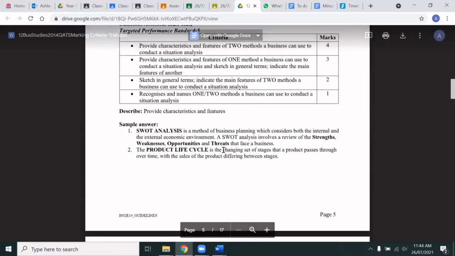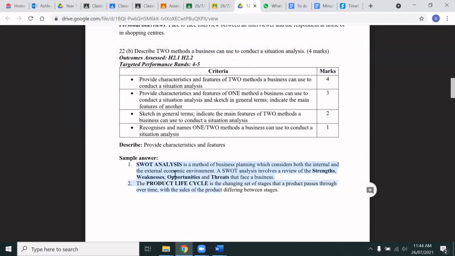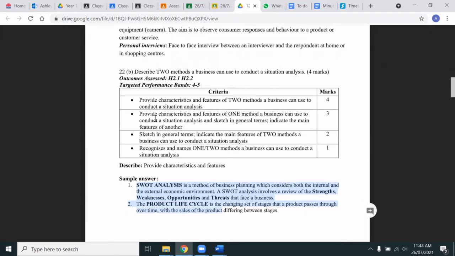Where are we? So, and again, don't think this is acceptable. You need to have more detail always in the sample answer. So provide characteristics and features of one method. And you didn't do that. No, so you didn't indicate the main features of another.